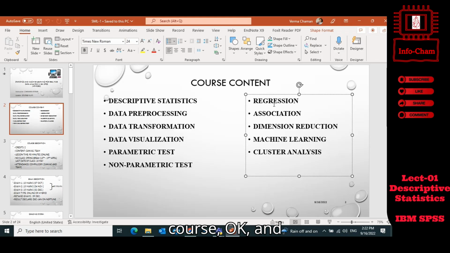Okay, and after that I also included the association part. You know, what is association? Association is a linkage. Linkage means connectivity, correlation, if you remember. So we have to think about which data is correlated or not. If there is some correlation, it is a good idea to use it.